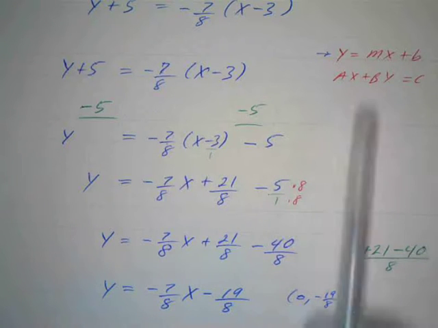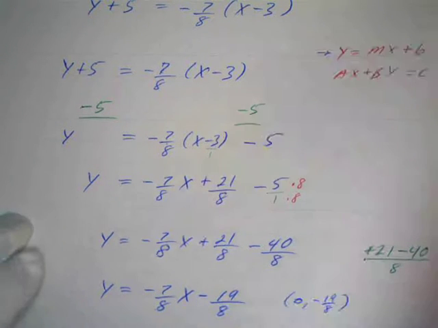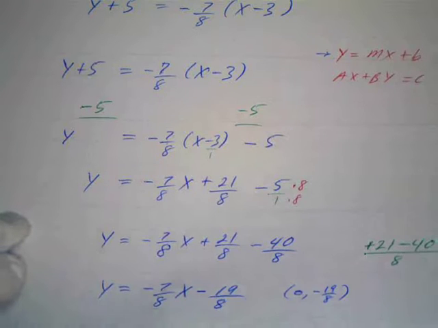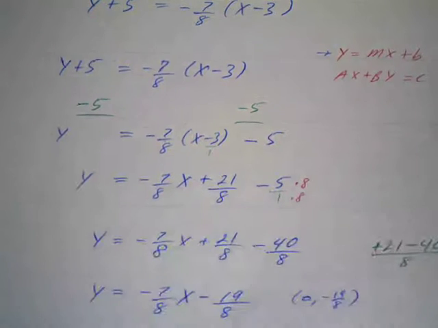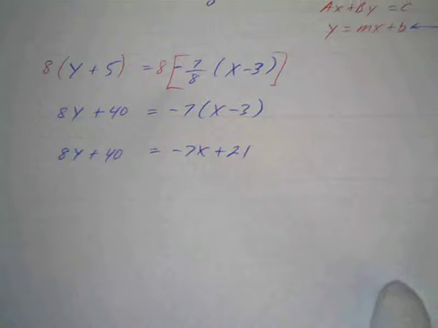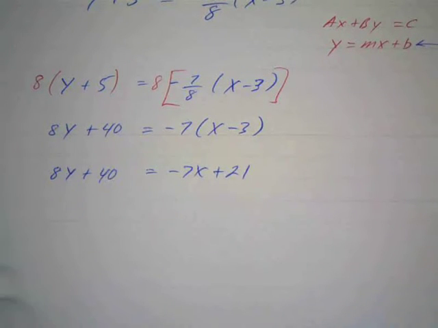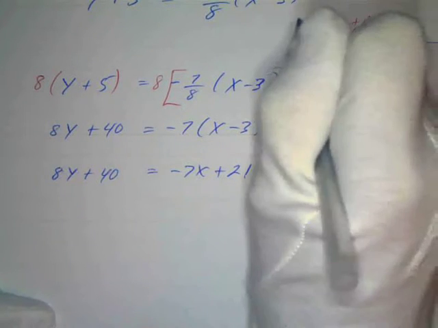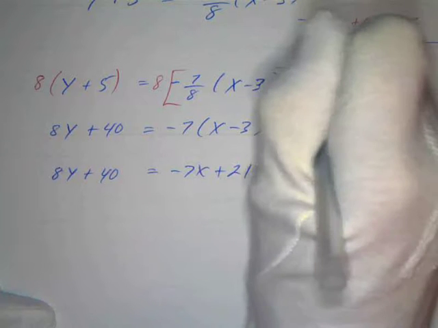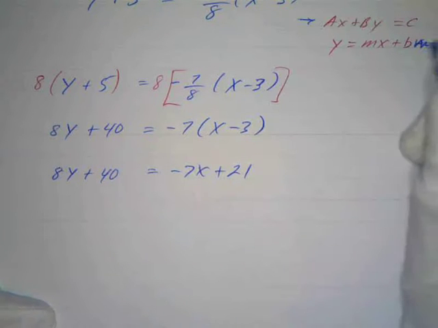Now if we wanted to put this in the other form, into the standard form, we could do that also. And I kind of started that already, so I'll show you that since I've got most of it done anyway. And this now is in the standard form. I'm going to get this in standard form.